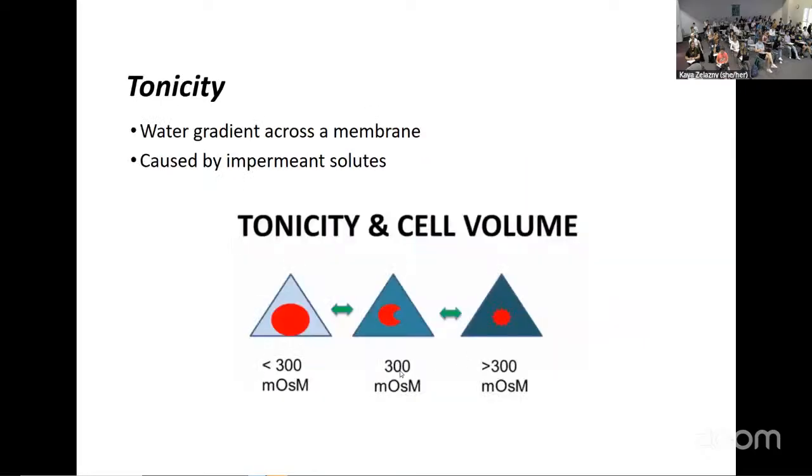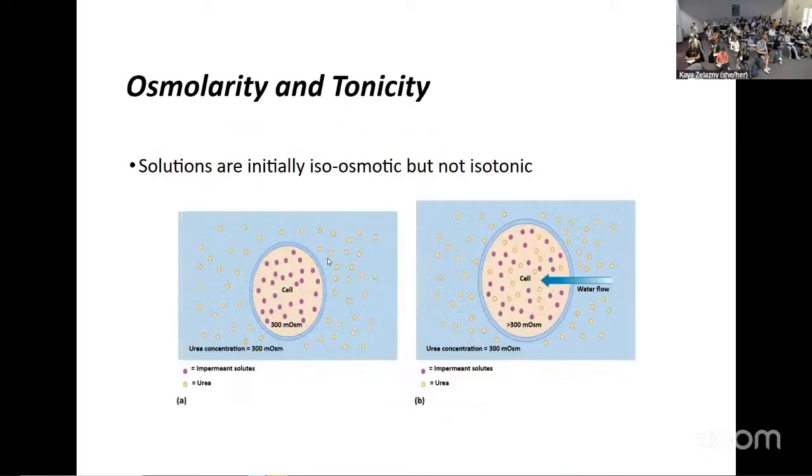In this situation, we are going to see a shift in water because of this high concentration inside the cell and low concentration outside, kind of like a hypotonic solution here. We're going to see water moving towards this impermeant solute at the same time as that yellow dot, that permeant solute that was initially adding to this osmolarity, moves on its own.